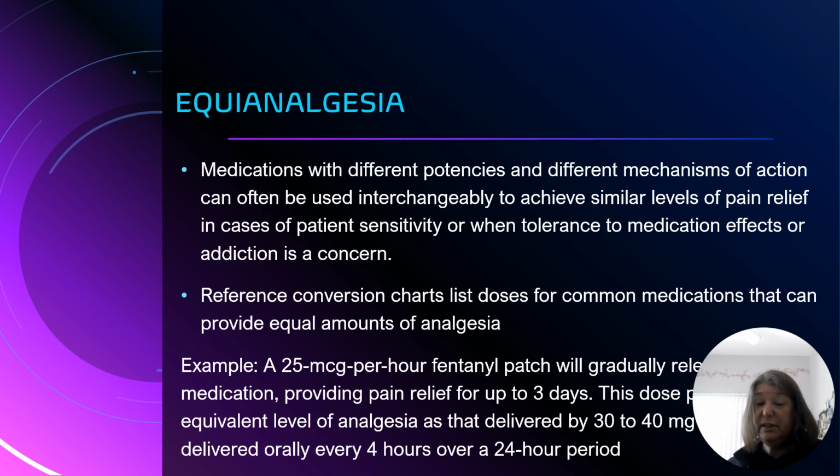So equivalency tables are going to vary by facility, maybe even by pharmacist, right? I suspect pharmacists might have some opinions on this, and your physicians, especially pain specialists, right? Because this is going to be something that they are most familiar with.